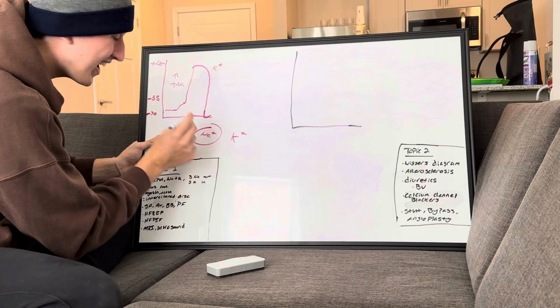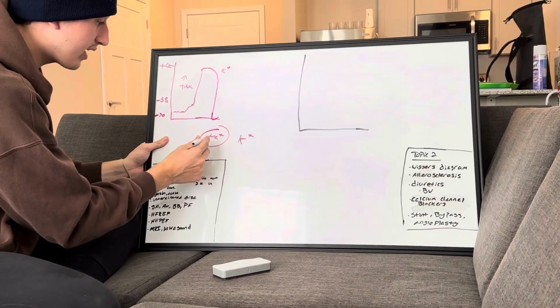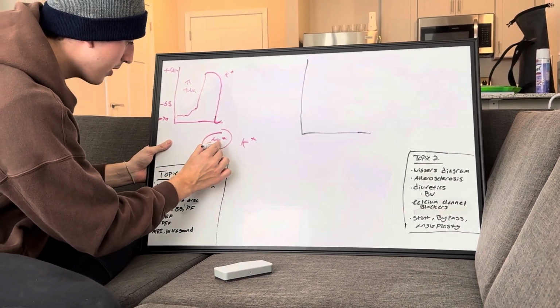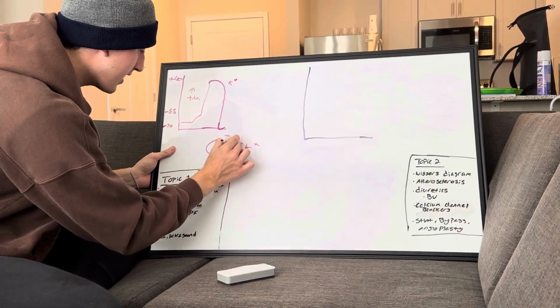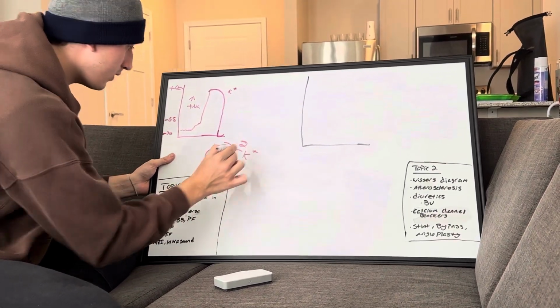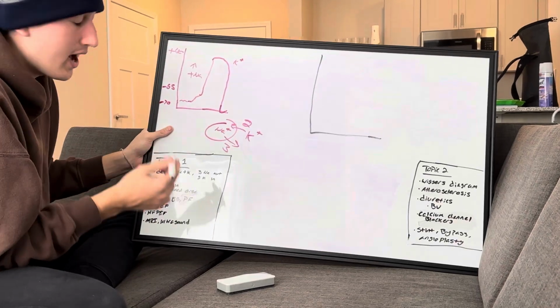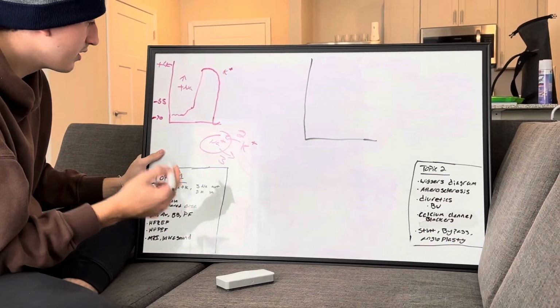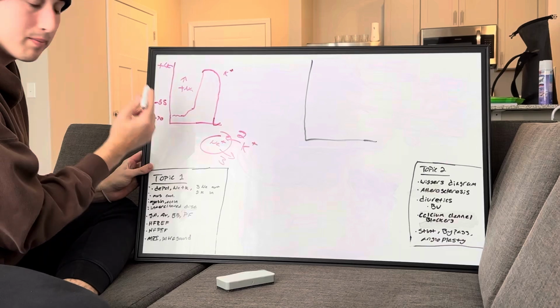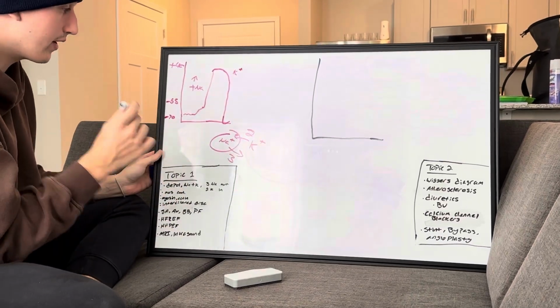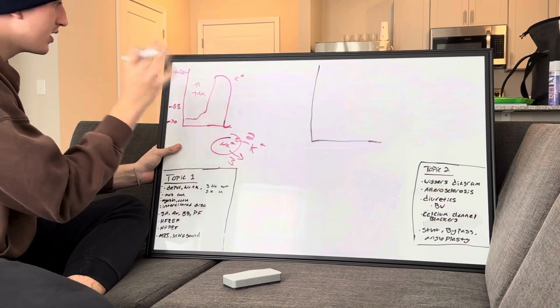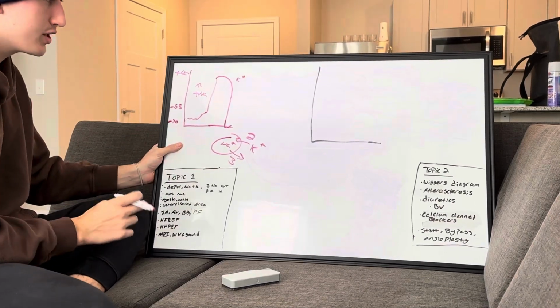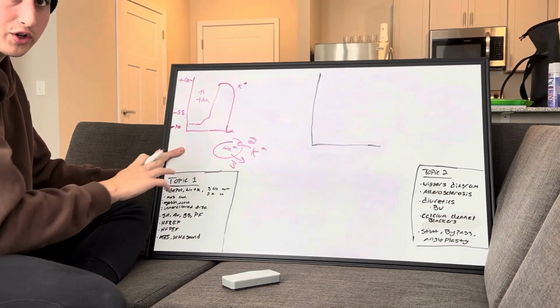So to maintain an inside charge of negative 70, you're going to pump 3 sodium out for every 2 potassium in. Because they're both positively charged ions, that's going to allow this cell to be net negative, around negative 70. So that is smooth muscle. That is exactly how you would do depolarization for a smooth muscle electrically.